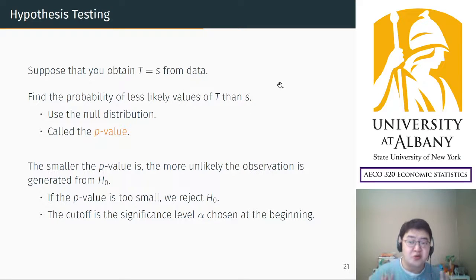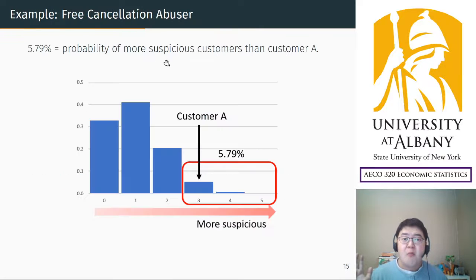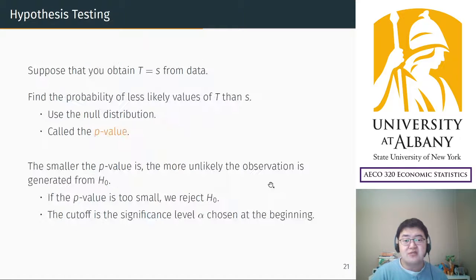So you observe s, and previously we calculated the more suspicious customers. You observed 3 cancellations, and we calculated the probability of 3 or more cancellations because these are at least equally suspicious. So we are interested in these. We are doing the same thing.